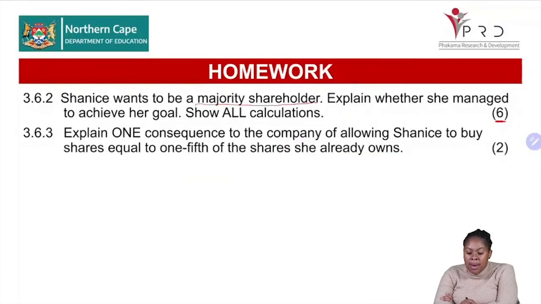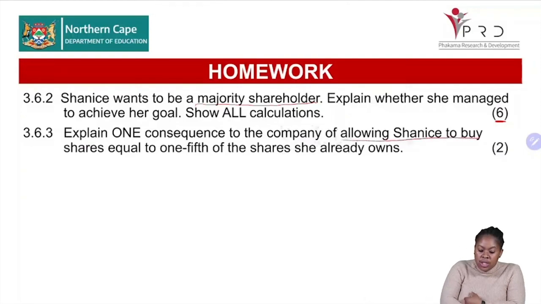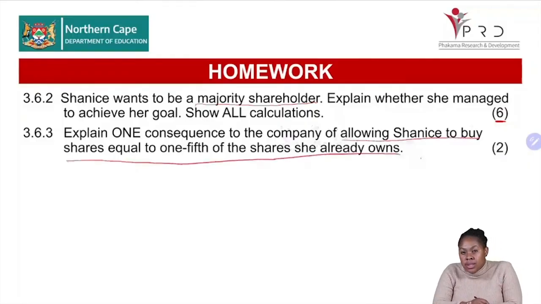Remember, to become the majority shareholder, you need to have 50% plus 1 or 51%, depending on what the examiner is requesting. Explain one consequence of the company for allowing Shanice to buy shares equal to 1/5 of these shares. Now, this is a rights issue question. Attempt these questions and all the best.